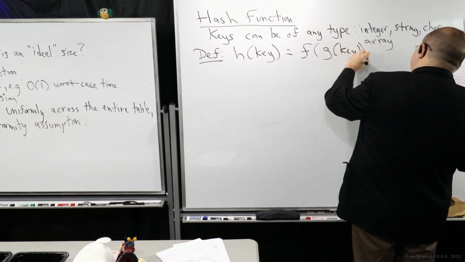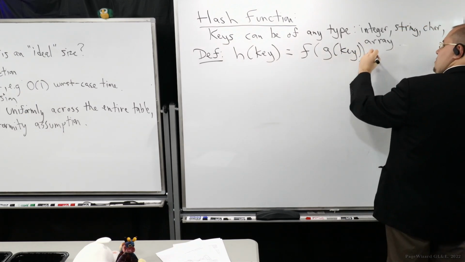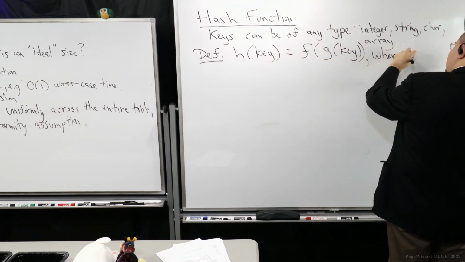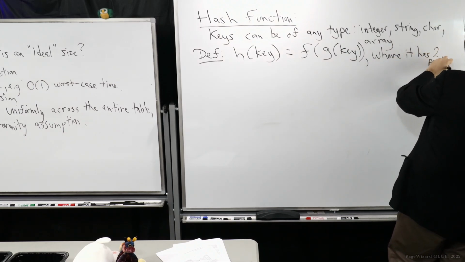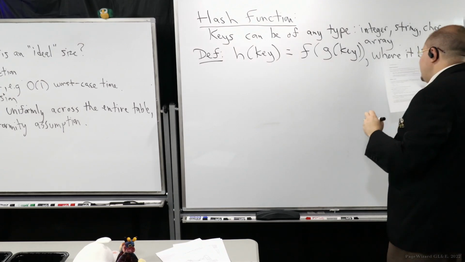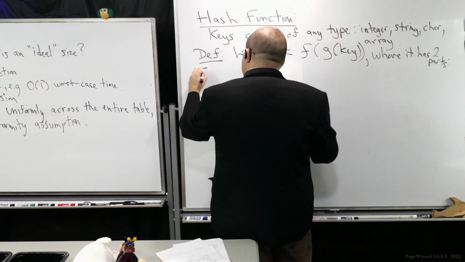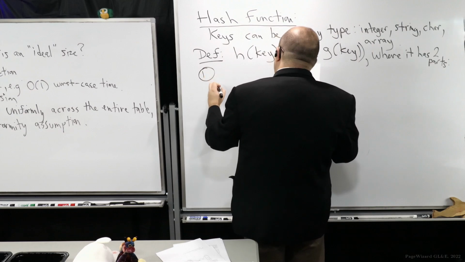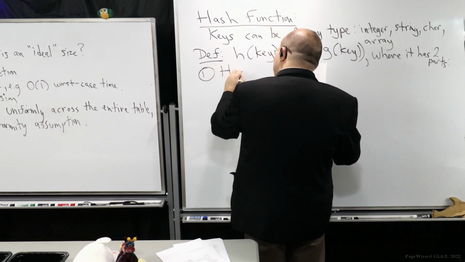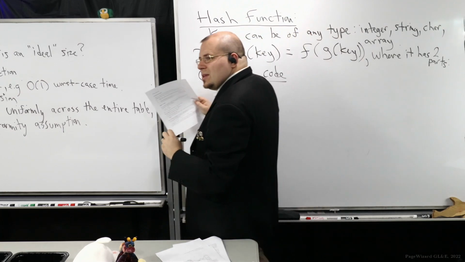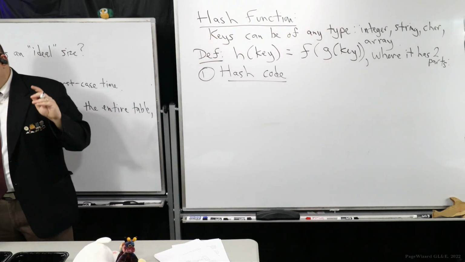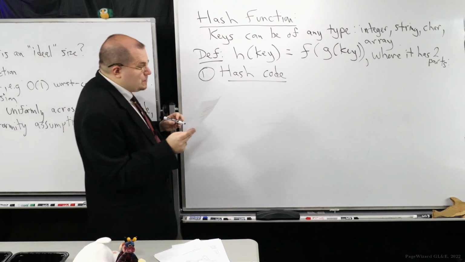So that's what this is, where it has two parts. The first one is what we call the hash code. And the other part is what we call the compression map.